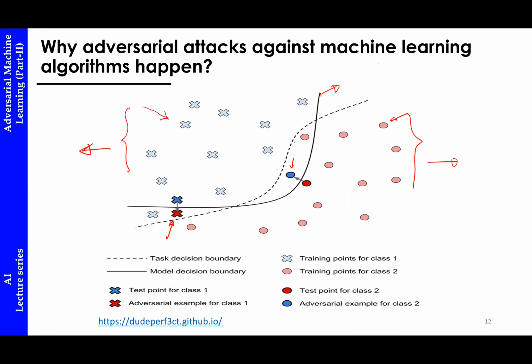Here in the picture, you see that the blue O and the red X are very close to the training data and how easy they can mislead the classifier. At first glance, you may say that the reason for adversarial attacks is overfitting. But if overfitting was the reason, then we could say that each adversarial example is more or less the result of bad luck.